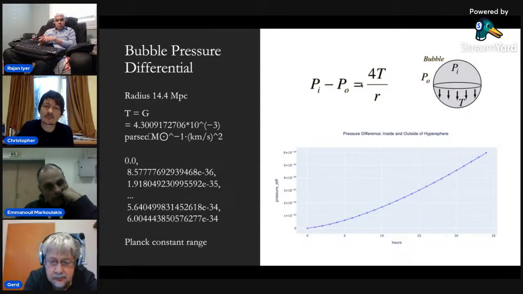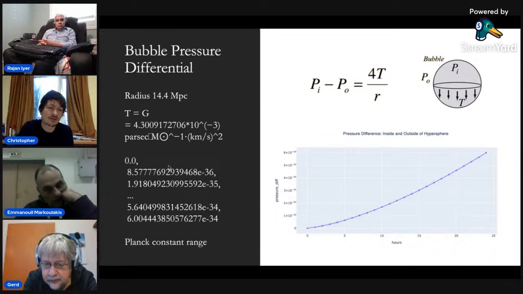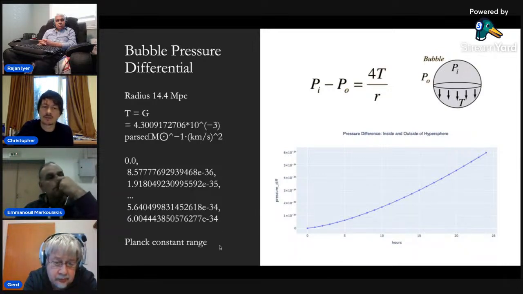The surface tension is G, again just Newton's gravitational constant in terms of megaparsecs. As the universe expands, we get this trend here, and these are the values. We notice that these values are in the Planck constant range, so I think that's interesting.